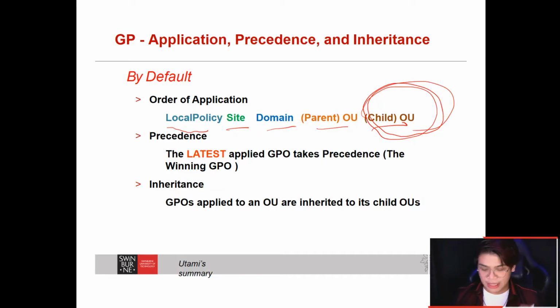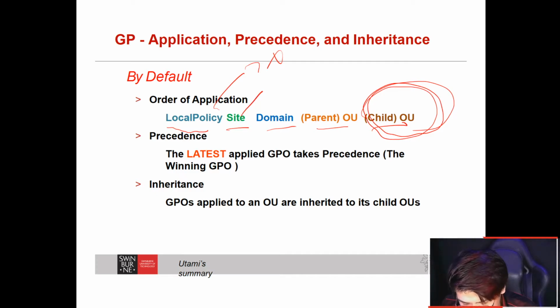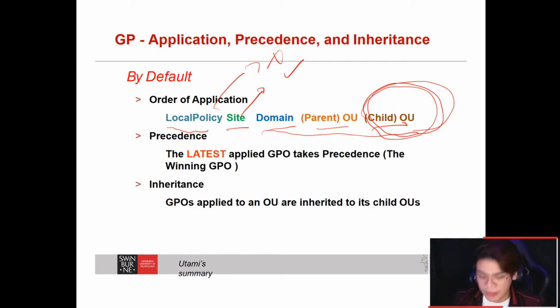Example, in local policy you say you cannot change wallpaper, but at the site level you say, oh, all people in this site can change wallpaper. So now all of the rest over here can change wallpaper even though the local policy says no. But at the domain level, the domain says you cannot change wallpaper.